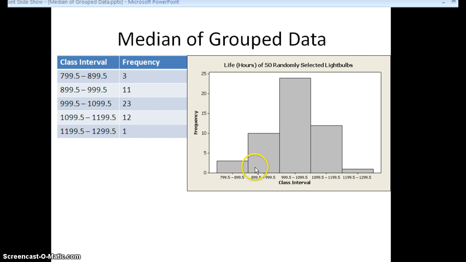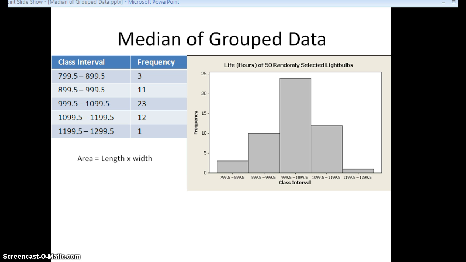In order to calculate the areas, I have to know the area formula for a rectangle. So the area of a rectangle is length times width. And when I look at each individual rectangle, I'm going to be able to figure out the length and the width. The length, which I'm using sort of as the height, is just the frequency. So this first rectangle would have a length of 3, the next one 11, the next one 23, and so forth.